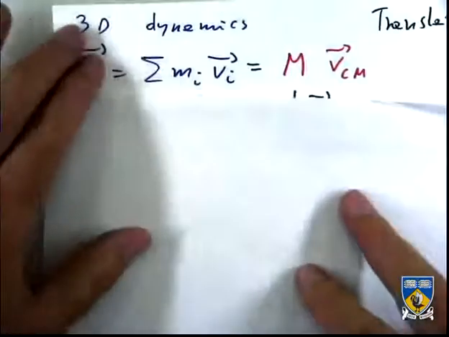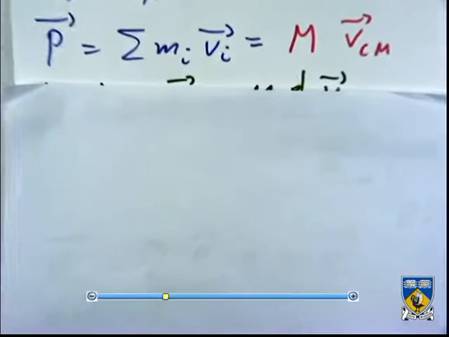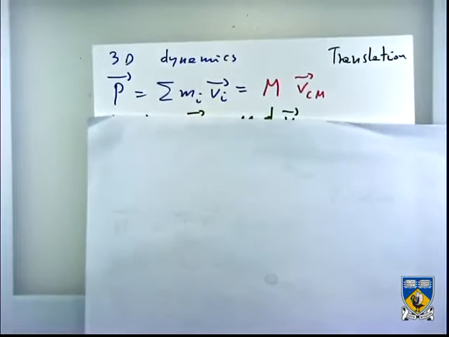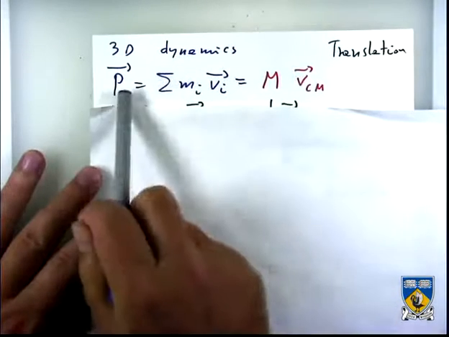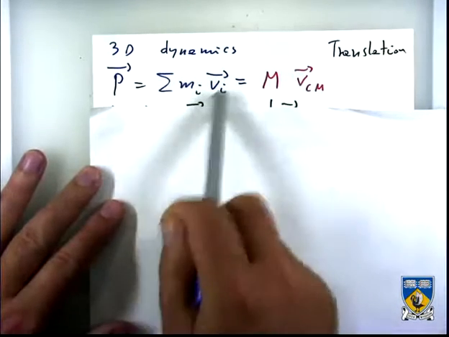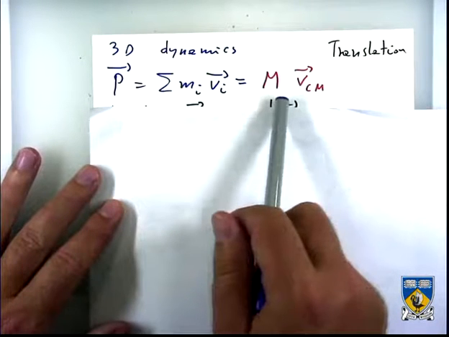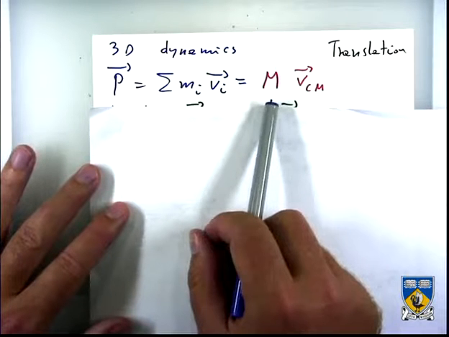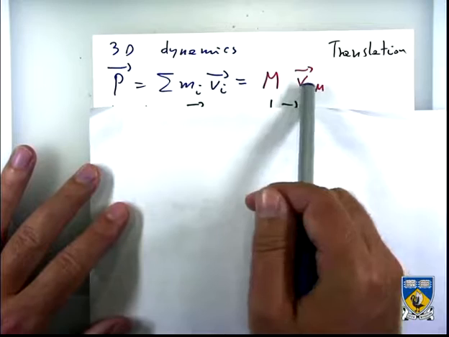So now, 3D dynamics. We look at translation, and translation we have seen 50, 100 times in high school and at the university. Of course, we have the momentum being the sum of all these masses times velocities, which can be shown via a relatively simple procedure to be the mass of the body times the velocity of the center of mass.